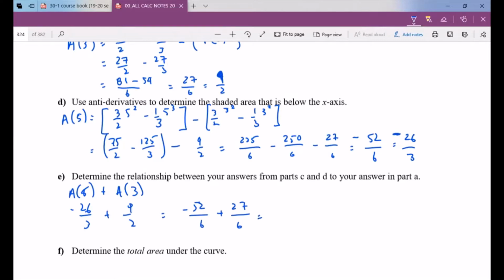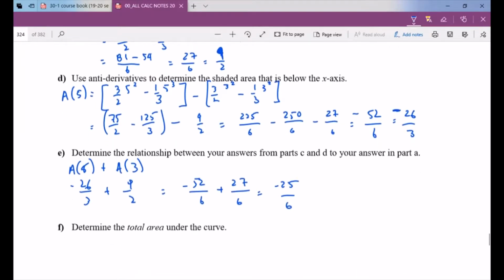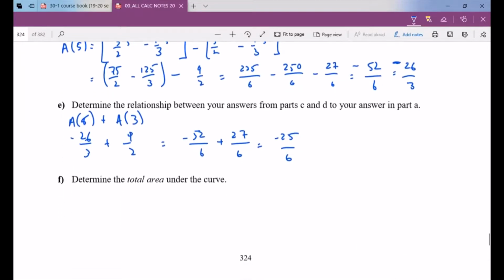I add those together, I get negative 25 over 6, which is our answer to part A. But what we want to do is to find our total area under the curve.